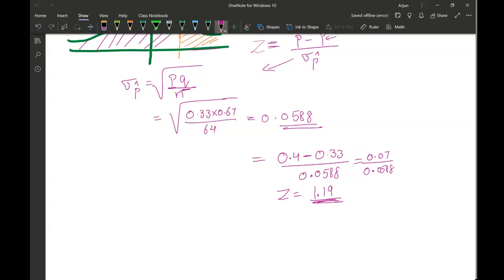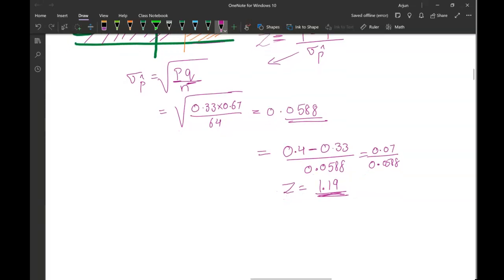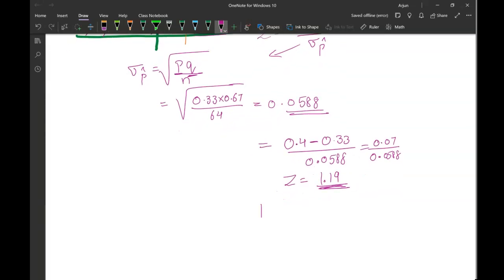This value of 1.19 will be 0.8830. So the probability value for p hat less than 0.4 is equal to 0.88.